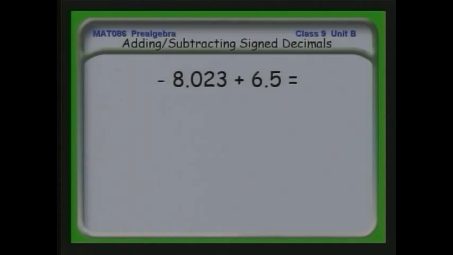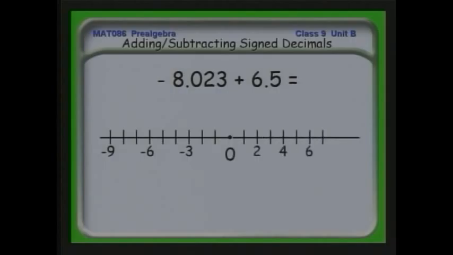Now we can look at adding and subtracting signed numbers with decimals, and it works just the same way as it worked with integers. We obey the same rules. If we think about this on the number line, I can talk about minus 8.023. How do I represent that?